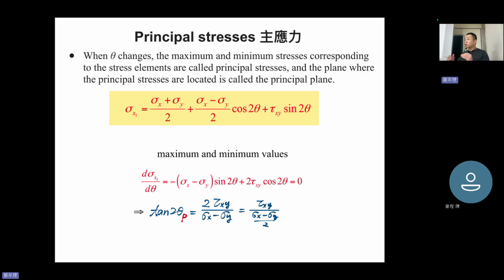I would like to mention one more time that chapter 7 is the most important chapter in material science engineering. Because in this chapter you can learn all the orientation of the strain or stress in the materials.